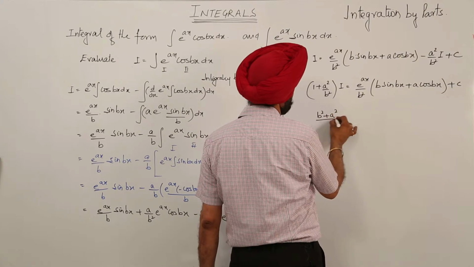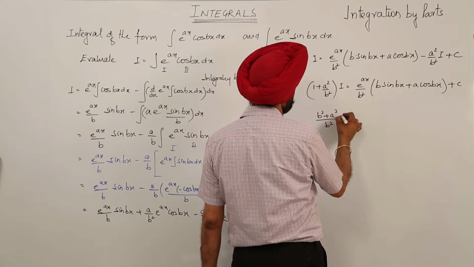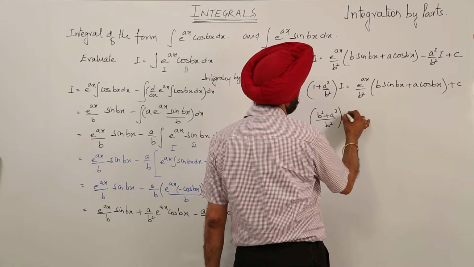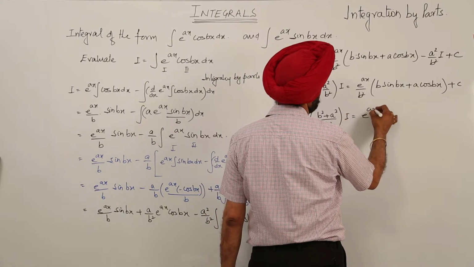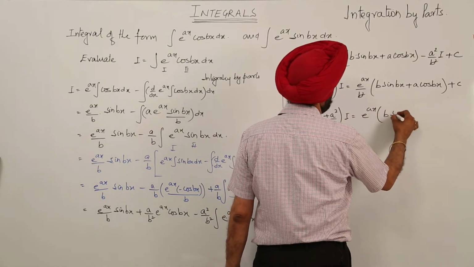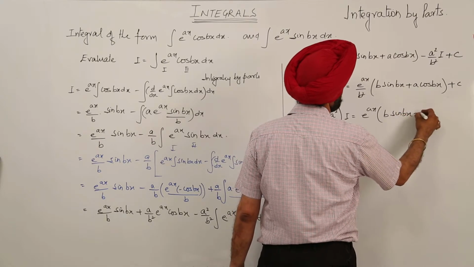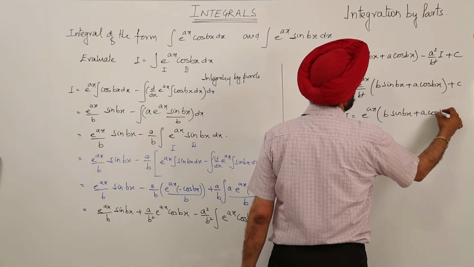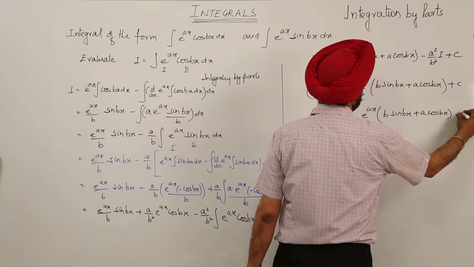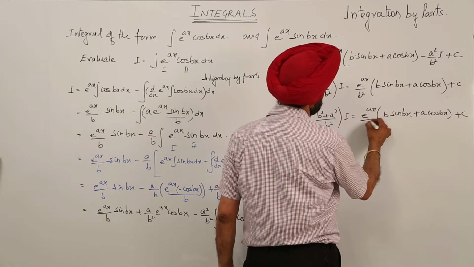b square plus a square upon b square I equals e raised to power ax, b sin bx plus a cos bx, plus c upon b square.